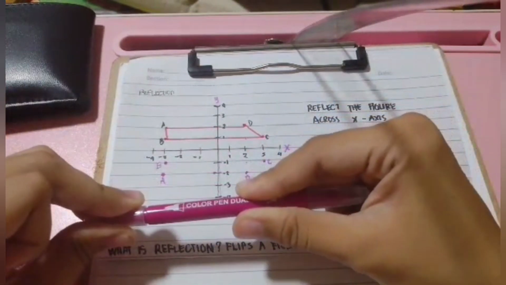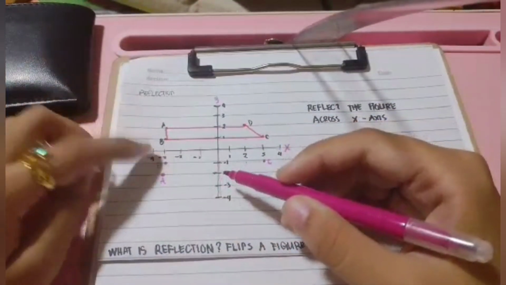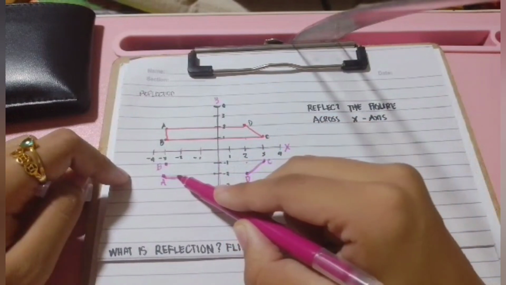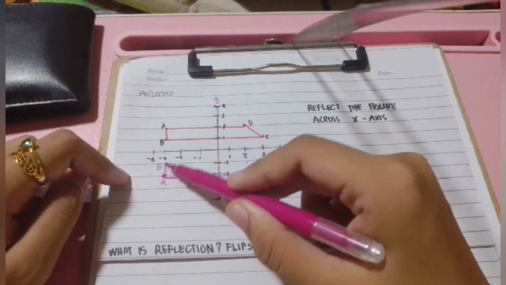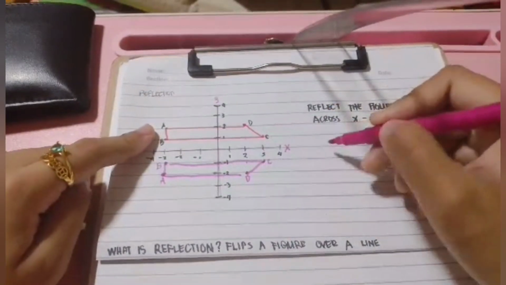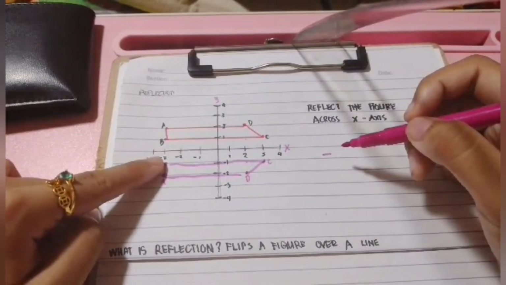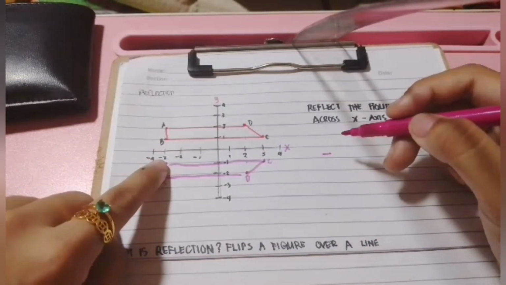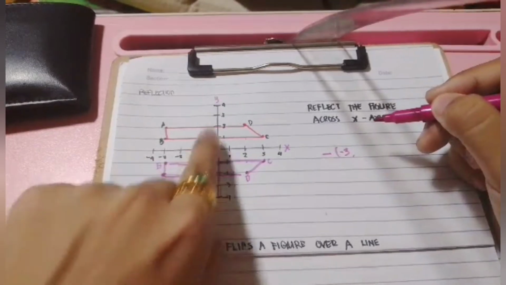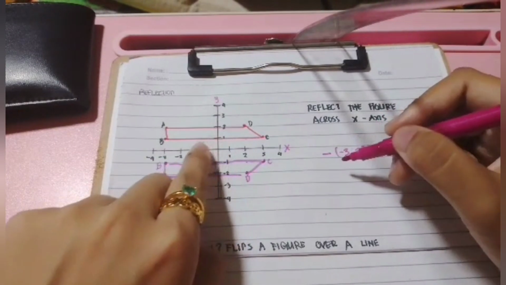Now that we've figured out our figure across the x-axis, let's find the coordinates. Let's start from the top. A. Its x is negative 3, positive 2.